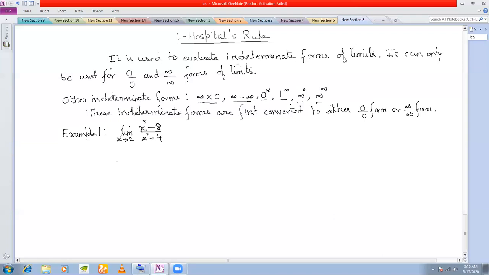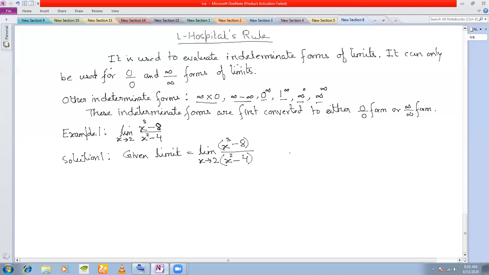Now how do you evaluate this limit? The way of solving is solution. Given limit is equal to limit x tends to 2, x cube minus 8 divided by x square minus 4.